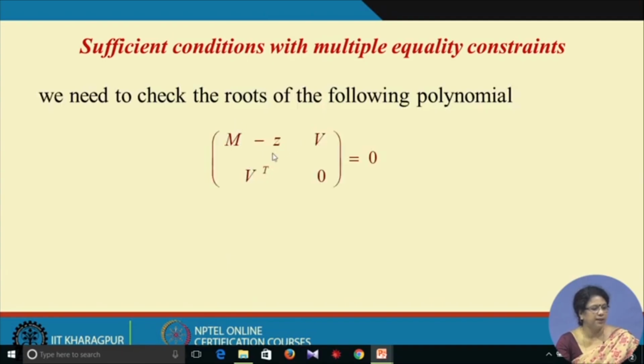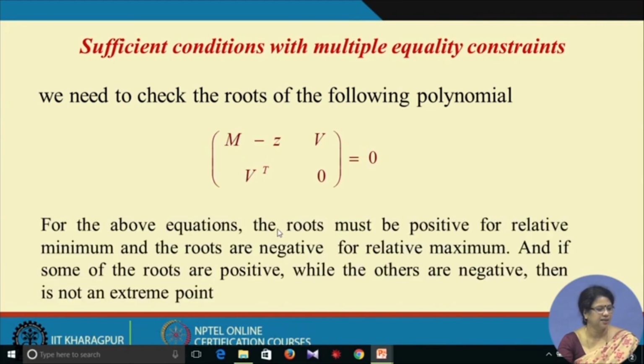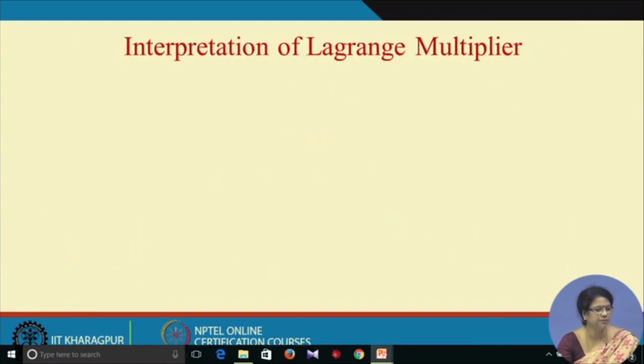Eigenvalue can be calculated from the characteristic equation. That is why the characteristic equation can be taken as m minus z. That part I need not tell you, this is the simple part from the matrix algebra.